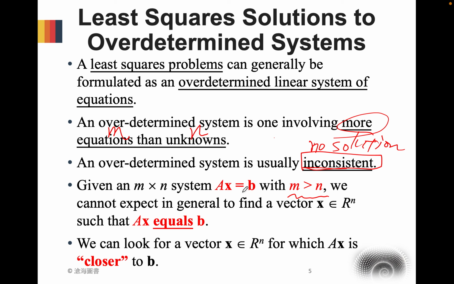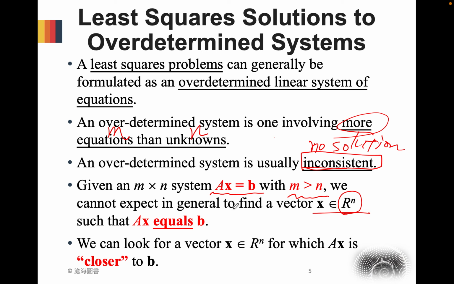So this is an overdetermined system, and we cannot expect, in general, to find a vector in R^n such that Ax equals b, because you request too many constraints. So usually this kind of linear system has no solution.